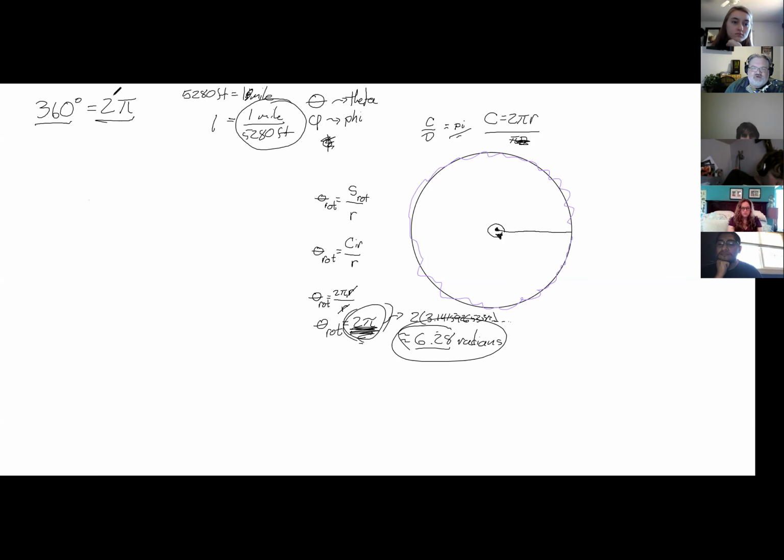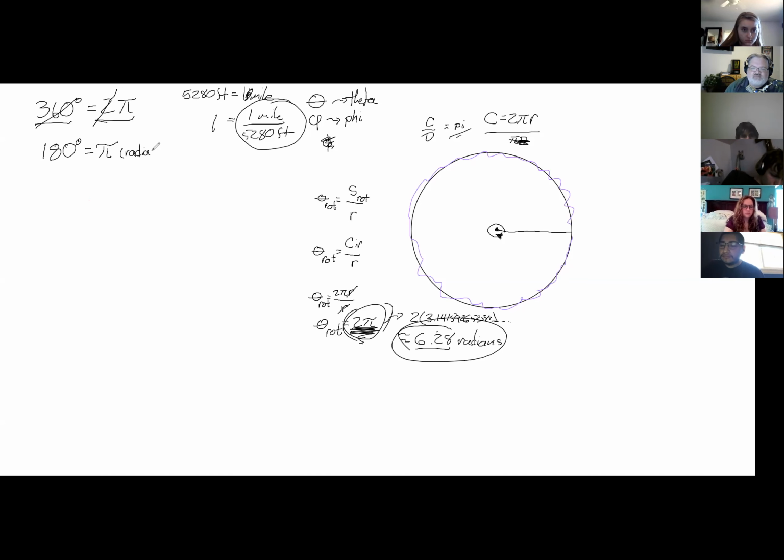You might notice both sides of these are divisible by 2. So instead of using the 360 degrees and the 2 pi, we will more commonly just use the fact that 180 degrees is equal to pi. Now, this is specifically pi radians.